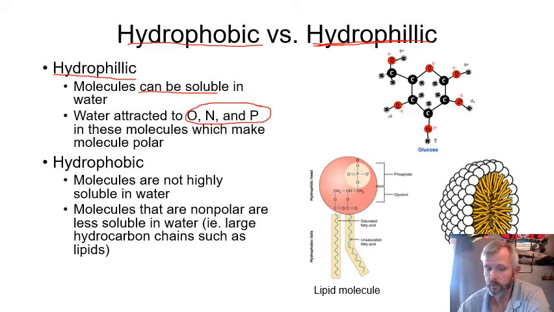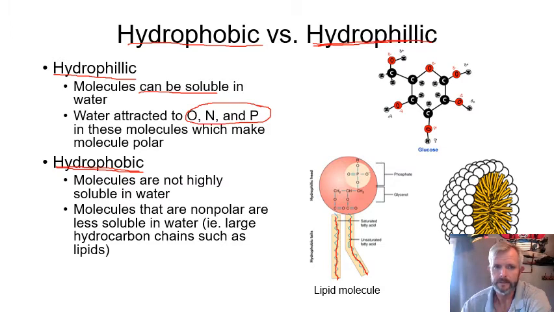Whereas nonpolar molecules, like lipids, which are long carbon chains, are typically hydrophobic because they are not soluble in water. Nonpolar stuff does not like to be soluble in water. The more nonpolar, the less likely to be soluble in water, and therefore that would characterize a hydrophobic molecule.